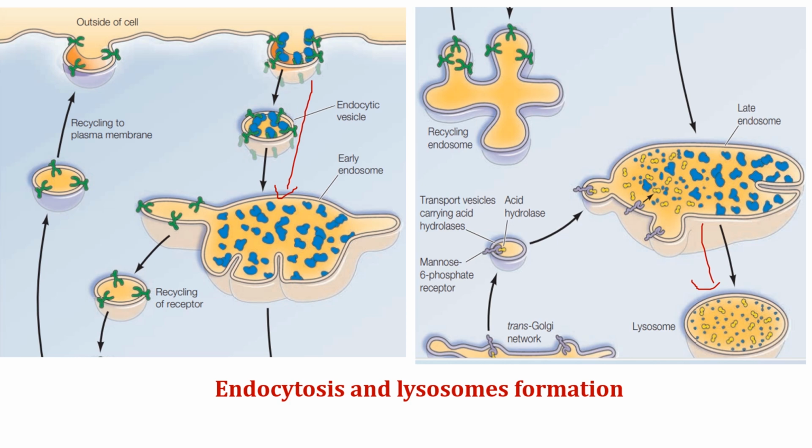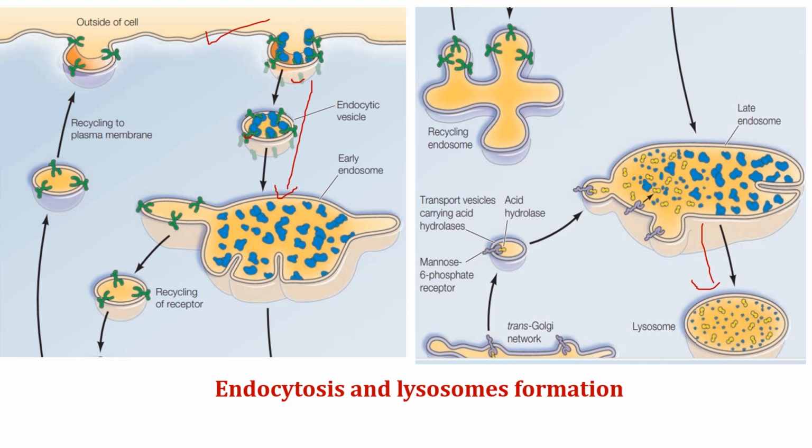In the first image, you can see molecules taken up from outside the cell in endocytic vesicles, which fuse with the early endosome. Here you also see this green color, which is the membrane receptor.